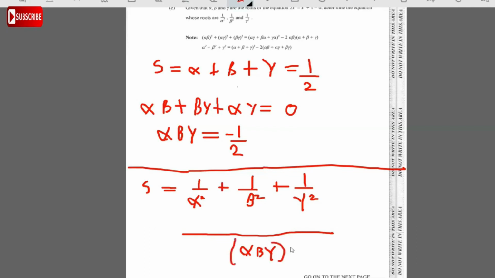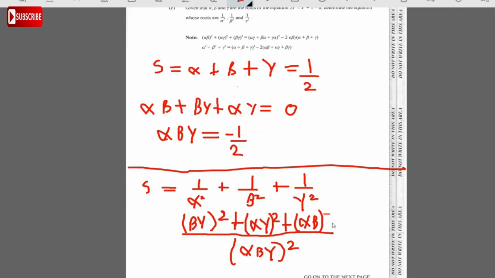When you work this out, this into this leaves beta gamma all square, plus this into this will leave alpha gamma all square, and this into this will leave alpha beta all square.